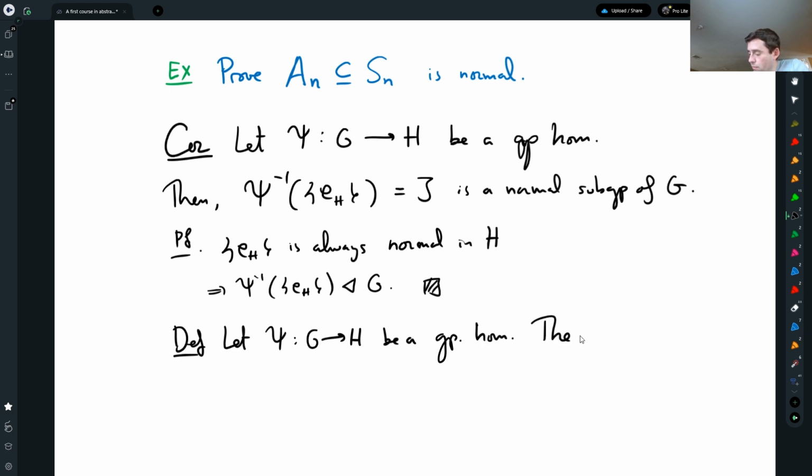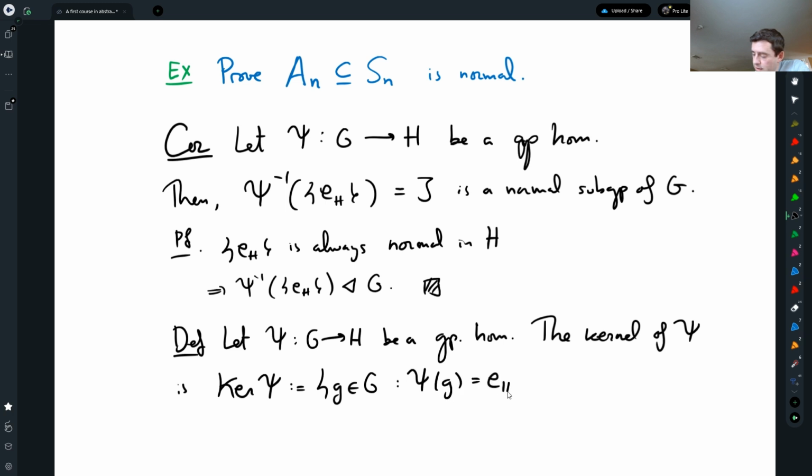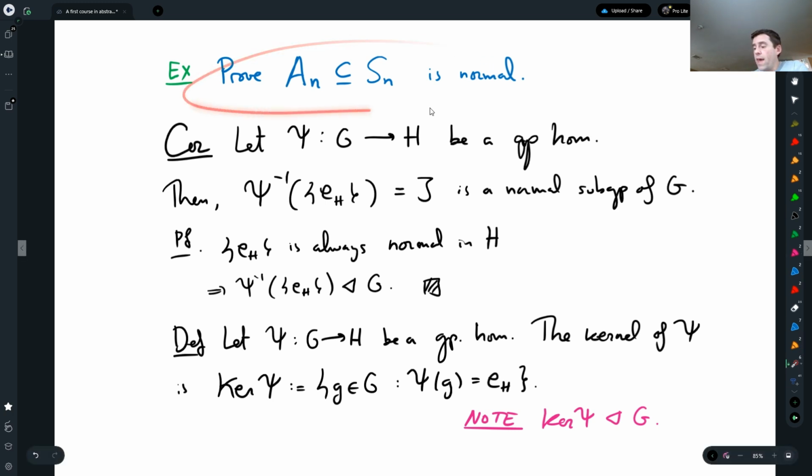The kernel of psi is those elements g in G such that psi of g is the identity in H. That's how we define the kernel, and what we've just proved is that the kernel of psi is always a normal subgroup of G.